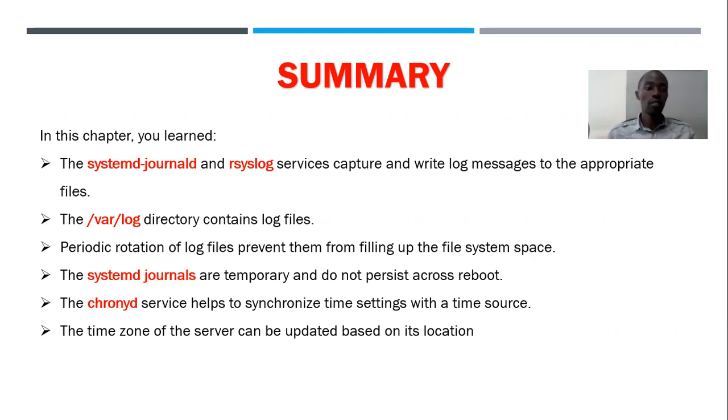The systemd journals are temporary and do not persist across reboot. If you want them to persist across reboot, you have to change it in /etc/systemd/journald.conf. The chronyd service helps to synchronize time settings with the time source. And lastly, the time zone of the server can be updated based on its location.